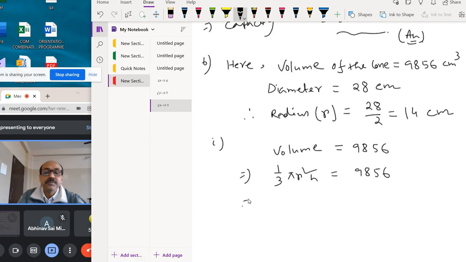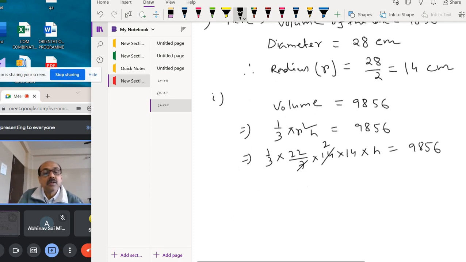Now 1 by 3 into 22 by 7, and radius is 14, so 14 into 14, and height is not given, we have to find the height, so it is equal to 9856. Okay, now 7 and 14 will go, 7 2s are 14.